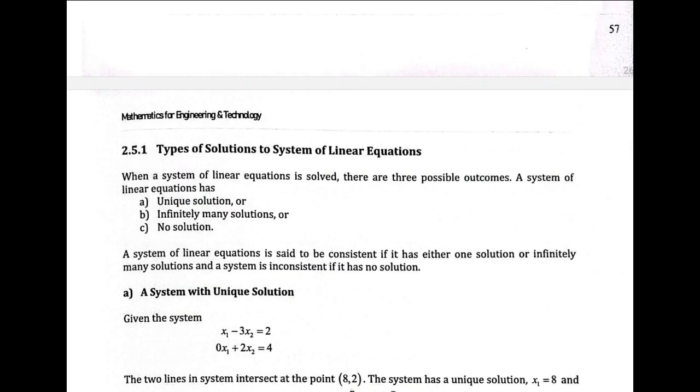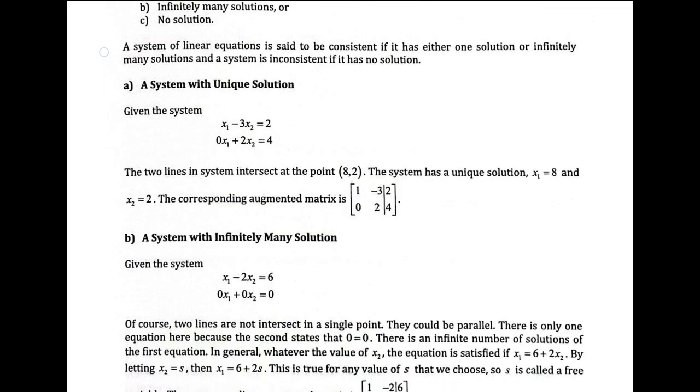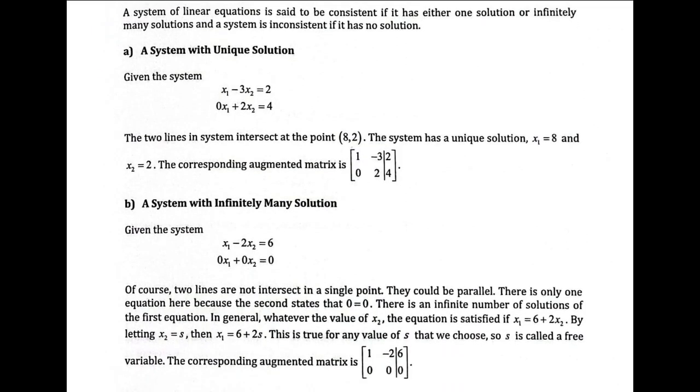But there is also a kind of system of equations where the lines overlap completely, meaning that two lines overlap each other. We have one line, and another line is also on the same line.